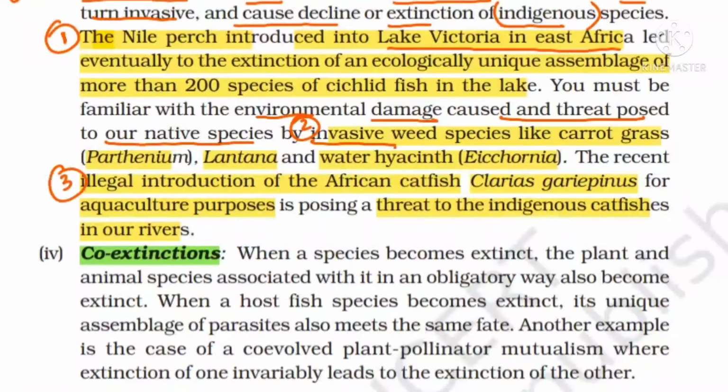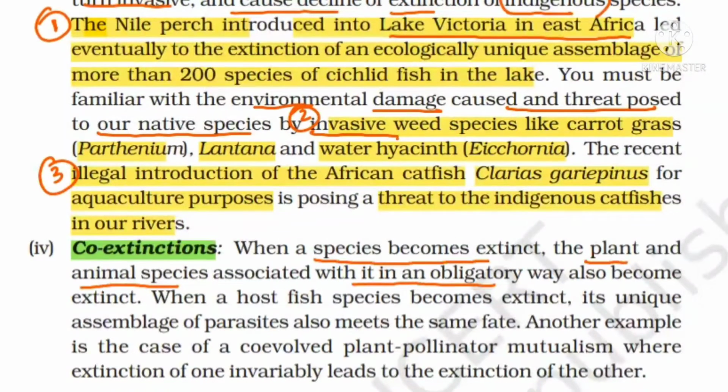Now, the last is co-extinction. When one species becomes extinct, then the plant or animal which is associated with it in an obligatory way, meaning it cannot live without it, also goes extinct. For example, we studied a fig associated with the wasp. Fig will always be pollinated by the wasp. If we remove the fig tree, the wasp cannot survive, or if you remove the wasp, the fig will never be pollinated.